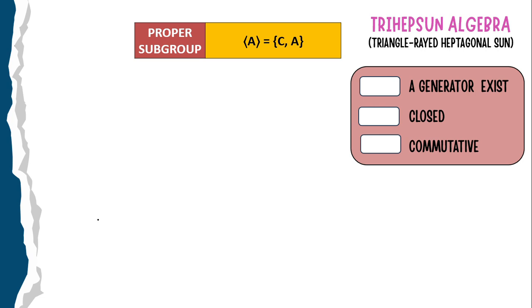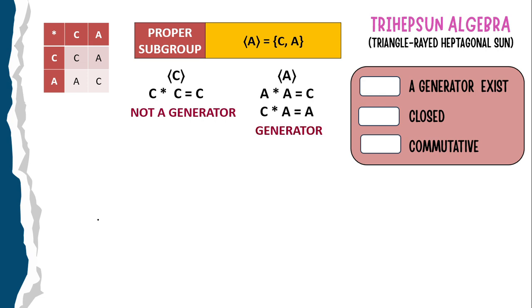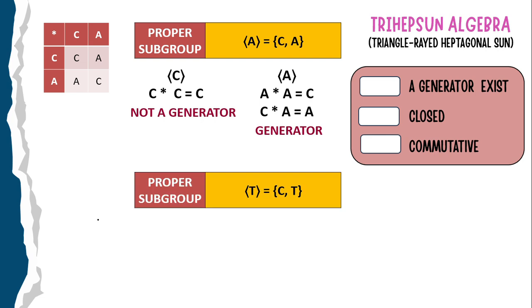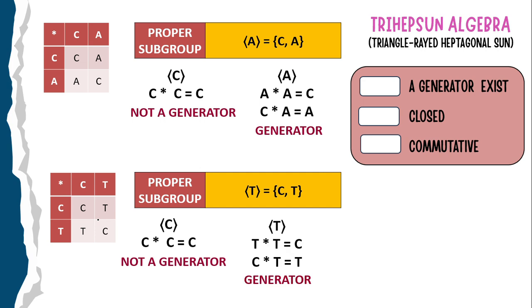For proper subgroup A, element A generates C and A. This is the table. C only generates itself again, therefore it is not a generator. A generates C and A, therefore it is a generator since it generates all the elements in the table. T generates C and T, this is the table. C only generates itself and T generates C and T, therefore it is a generator.